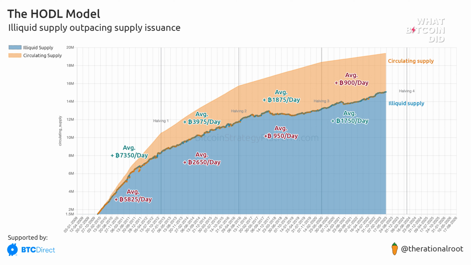And here I made the division between a liquid supply and illiquid supply. So the orange part of this chart is actually the supply that's available for trade, whereas the illiquid supply, the blue part of the chart, is actually coins that hardly move. Instead of looking at the age of coins, what we do with illiquid and liquid supply is look at the spending behavior of coins.